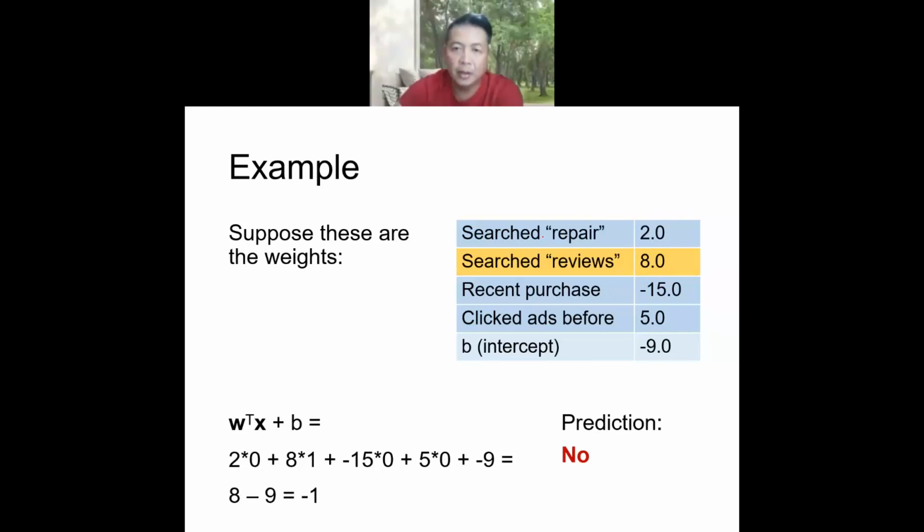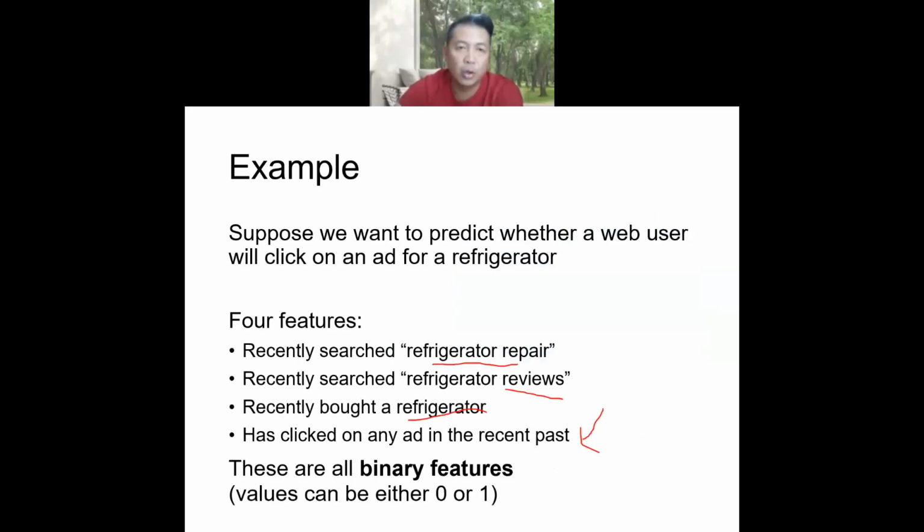If only one of them is 1, or turned on, and the rest are off, meaning not occurring, then the total will be -1. Since it is -1, the prediction is no.